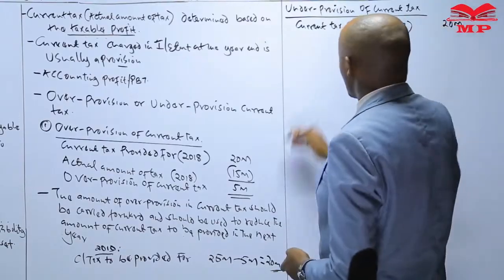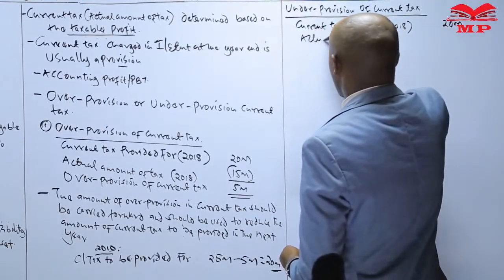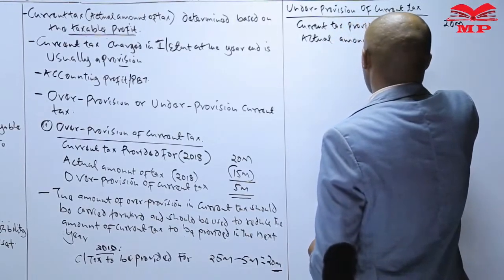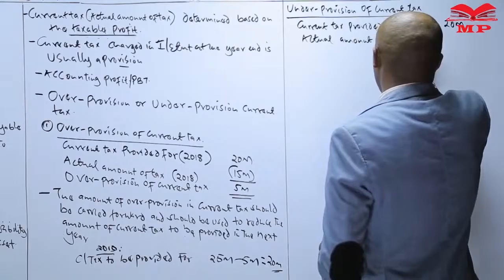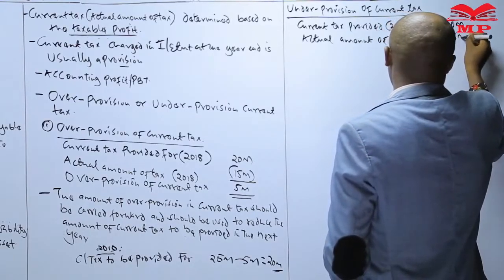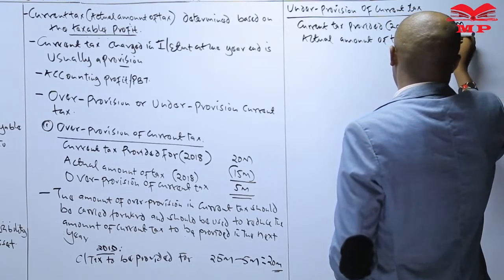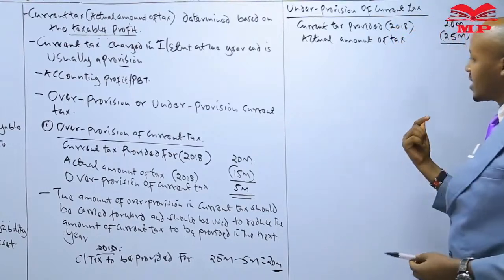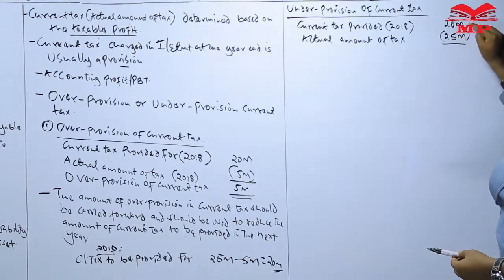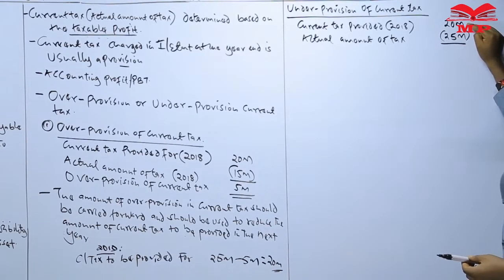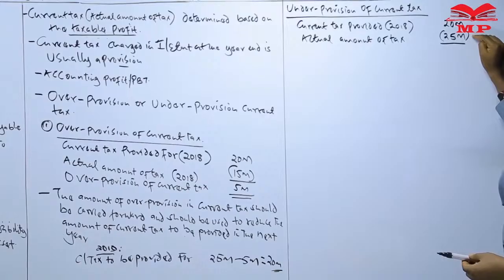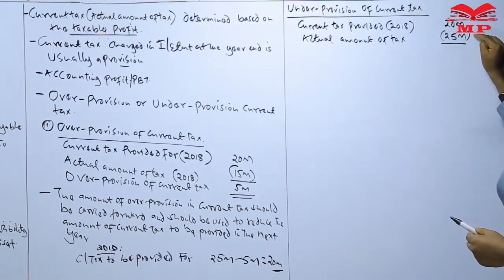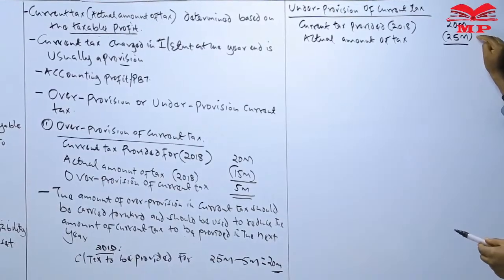But once the actual amount of tax is determined, suppose it is 25 million. In this case, you'll see that the company provided for an amount of tax equivalent to 20 million, but the actual amount of tax determined based on our taxable profit was 25 million.